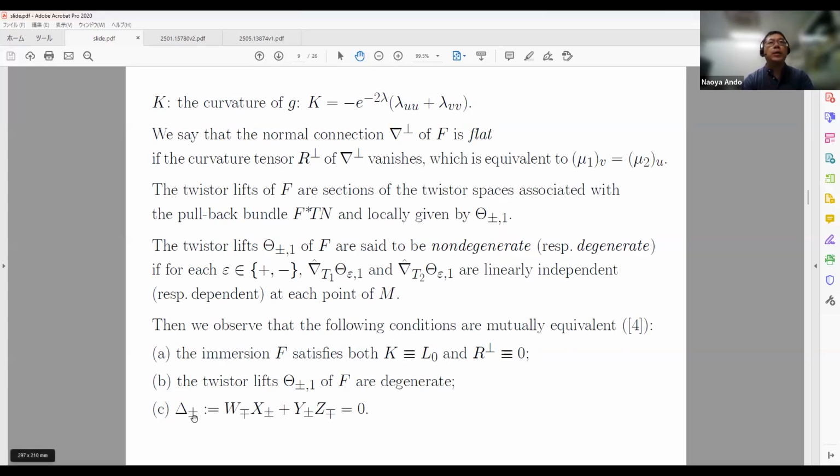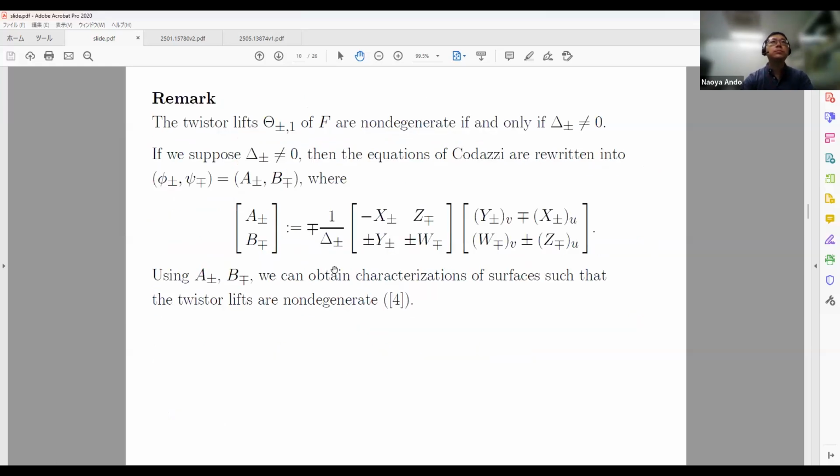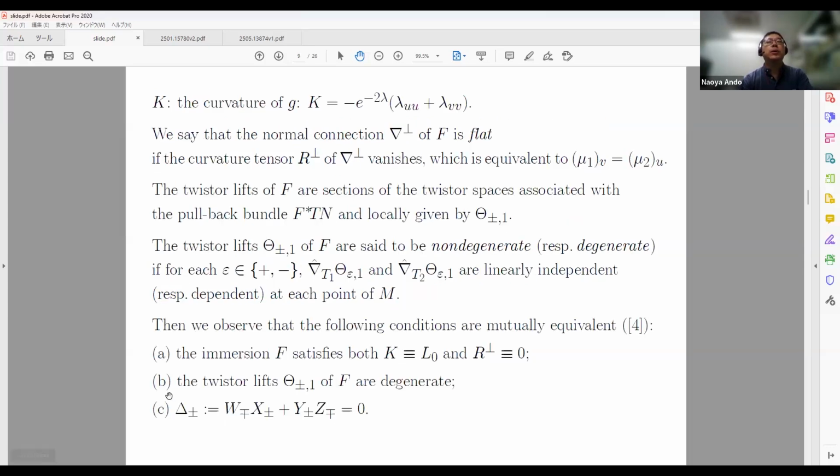Condition C, delta plus minus, defined by these, vanish. These three conditions are mutually equivalent. The twistor lifts of F are non-degenerate if and only if delta plus minus are non-zero because of these equivalences.